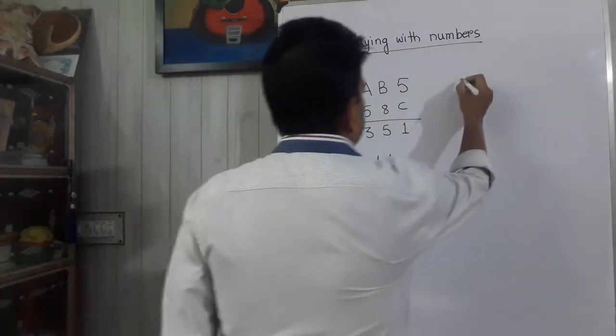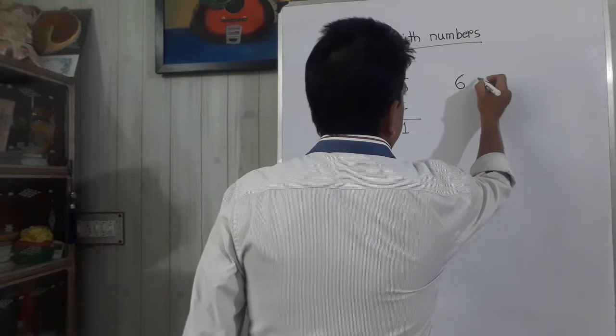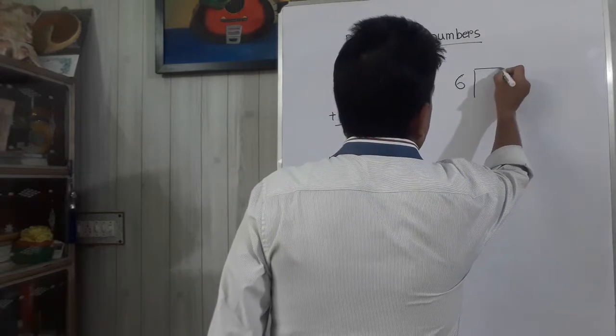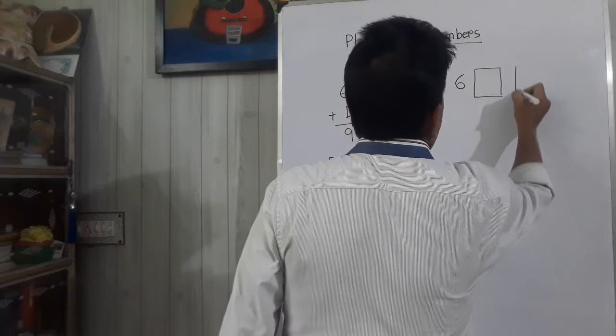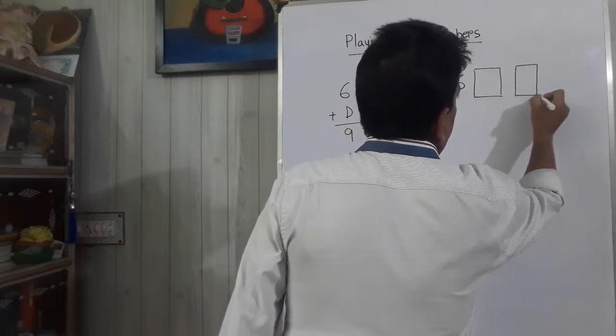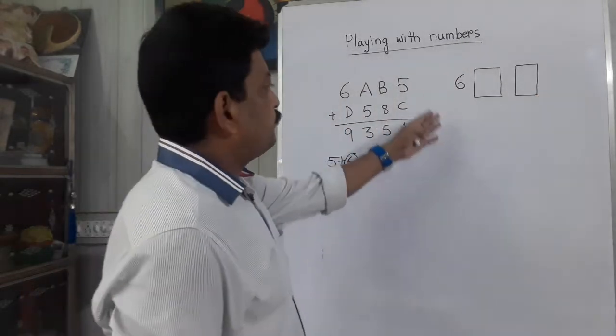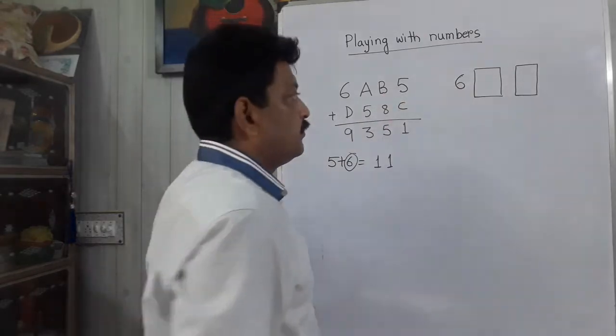C is 6. So let me write the whole thing here again with blanks. One by one, I will find the answer and will put it here. Okay.